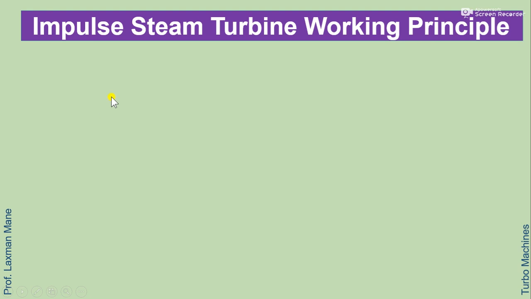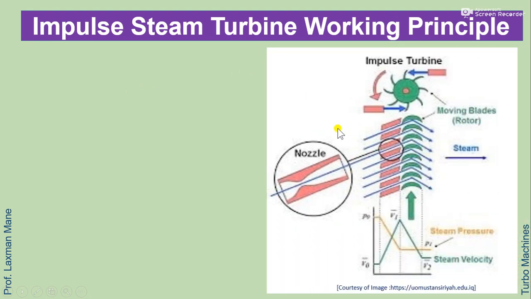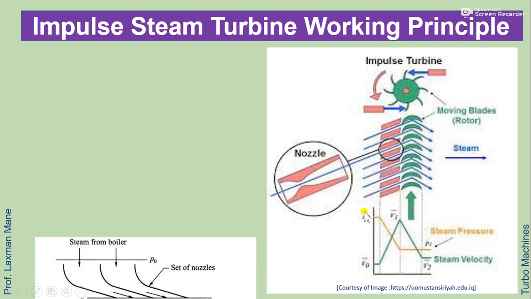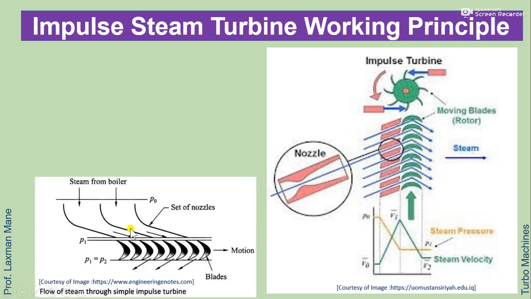Now we will discuss about impulse steam turbine working principle. Here we can see this diagram in which steam from the nozzle is injected on a stator, means through the nozzle, and then it is passing over the moving blades. Here we can see this set of nozzles and this set of moving blades.